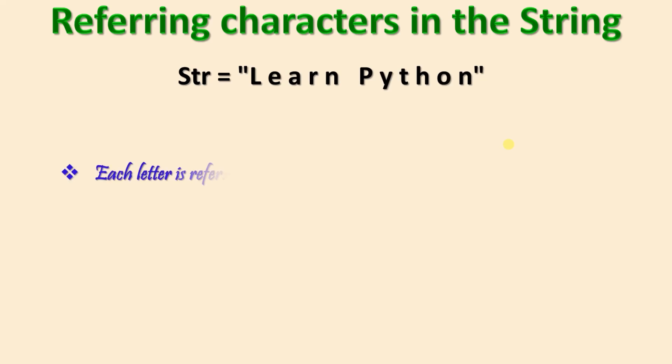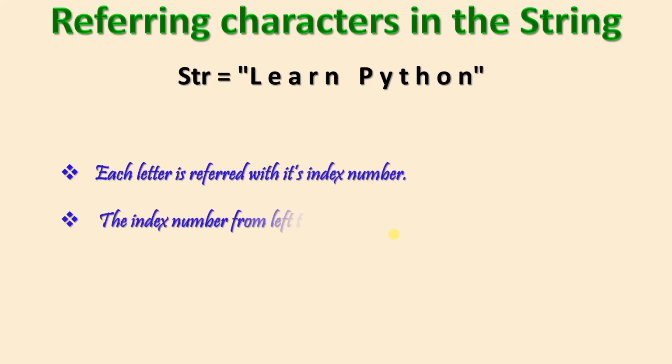Referring to characters in the string. For example, I have str is equal to 'learn Python'. Each letter is referred to with its index number. The index number from left to right always starts with 0. Here 'learn Python' is the example.